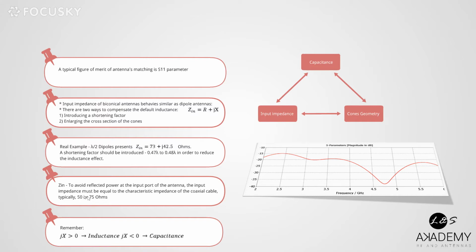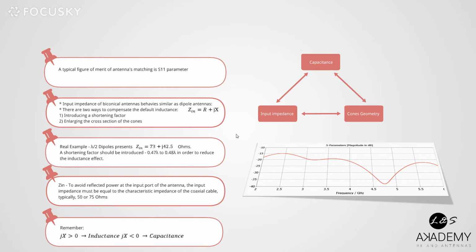As you can see here, these are common input impedances in almost all systems. To compensate that, we have two ways: introducing a shortening factor on the length of a dipole, for example, or enlarging the cross section of those dipoles, which is how we get cones.